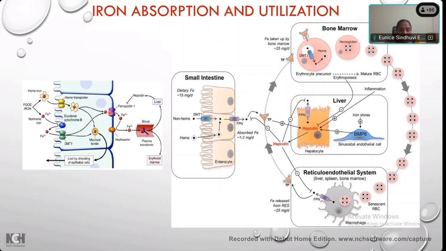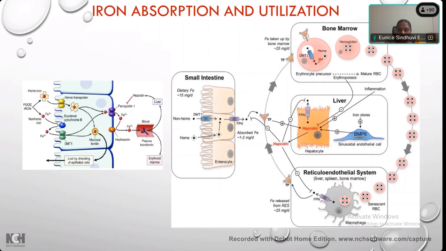Once this iron comes out from the enterocyte, it has to be converted to Fe3+, because the iron carrier protein in the circulation is transferrin, which can bind only Fe3+. This is done with the help of hephaestin, which is present in the basolateral membrane of the enterocyte, and converts Fe2+ to Fe3+. This Fe3+ is then taken up by plasma transferrin, which carries it to various tissues.